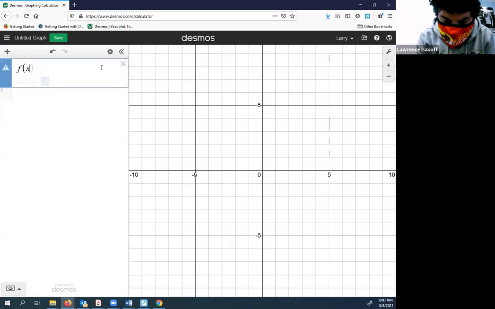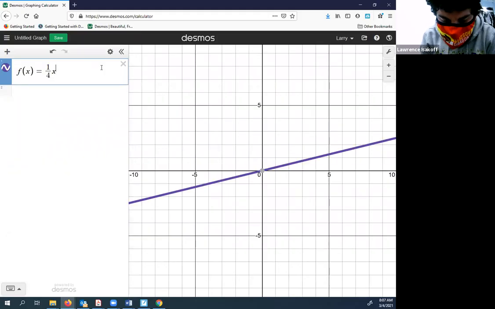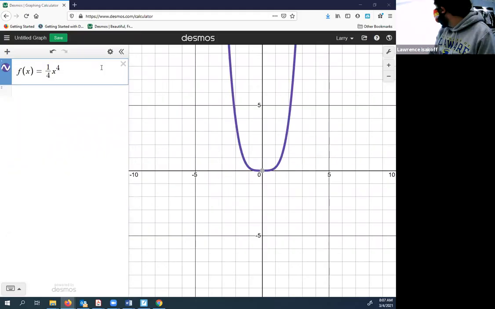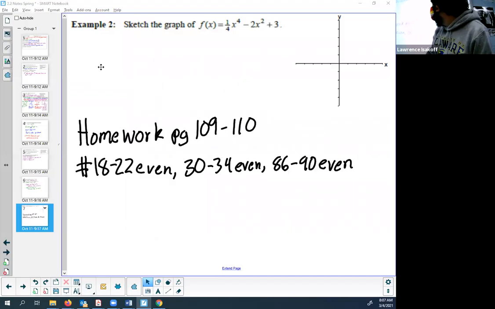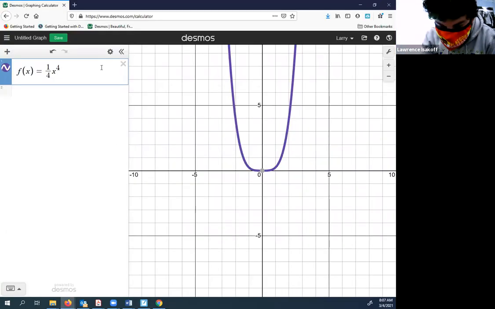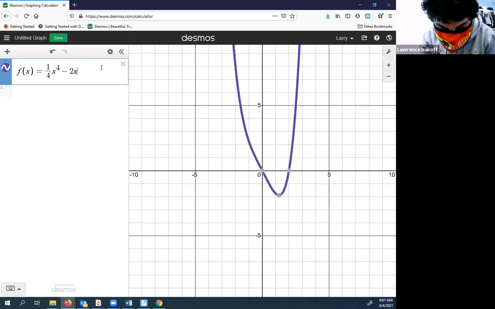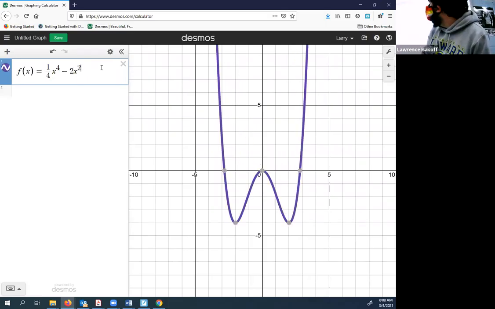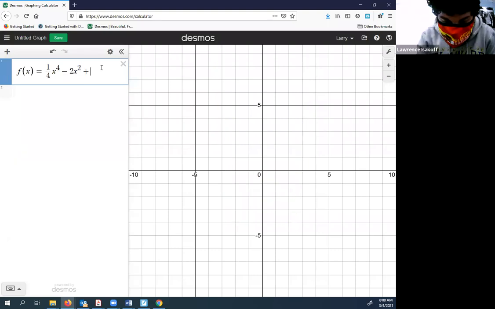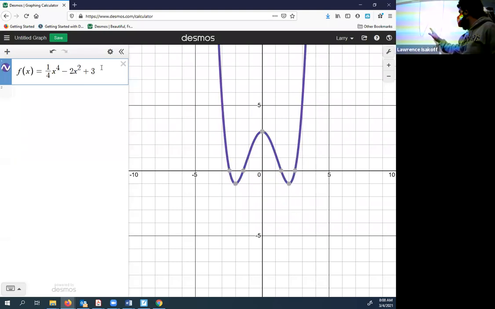So f of x is equal to 1/4 x to the 4th minus 2x squared. Awesome. This is a really good looking one. Plus 3. So this just becomes super obvious with everything.